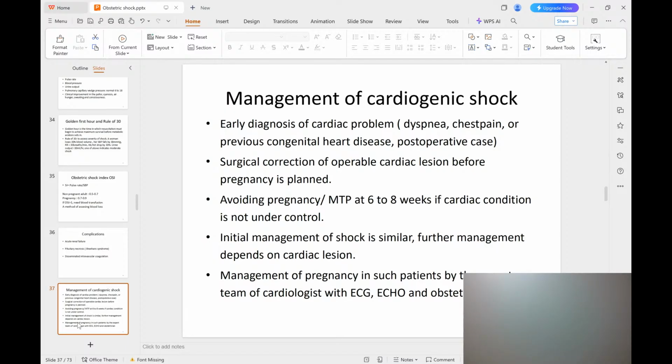Surgical correction should be done for any operable cardiac lesions like septal defects before pregnancy, and medical termination of pregnancy at 6 to 8 weeks if cardiac condition is not under control. Initial management of shock is similar but further management depends on the cardiac lesions. So the management of pregnancy is done by an expert team of cardiologists with ECG, echo, and obstetrician.